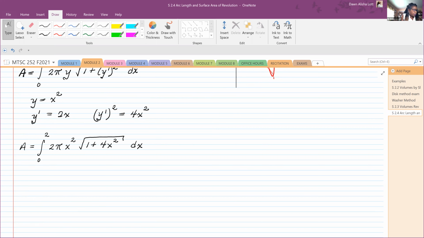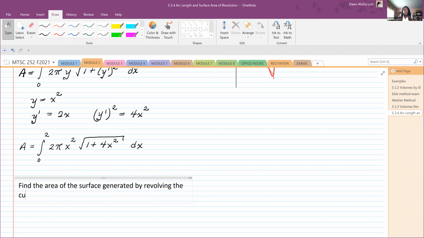This one I'm going to revolve about the y-axis. We want to find the area of the surface generated by revolving the curve x equals y plus 2 the square root of y on the interval 1 to 2 about the y-axis.